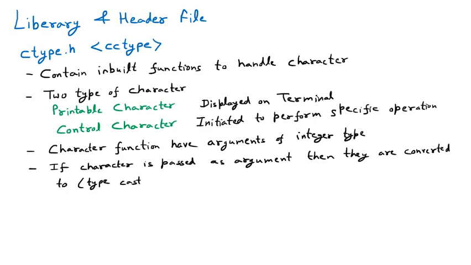Well, we know that there are two types of typecasting, one is implicit and one is explicit. The typecast which is done by the compiler is called implicit, and the one done externally is explicit. So the character is typecasted to integer, converted to integer based on its ASCII value.